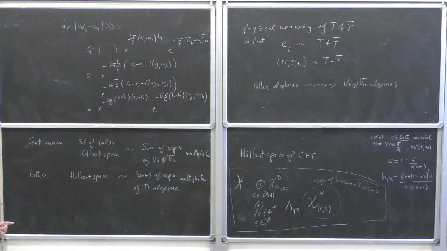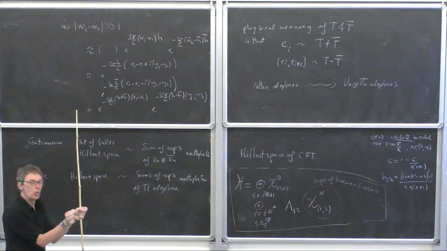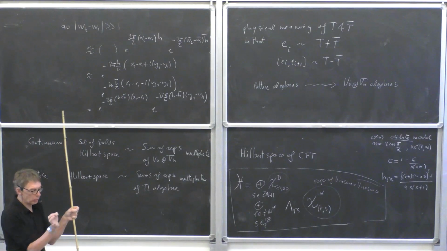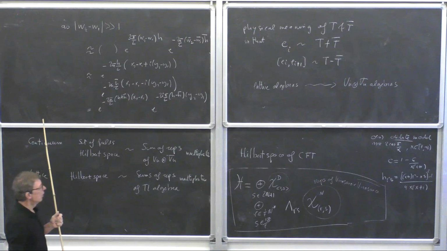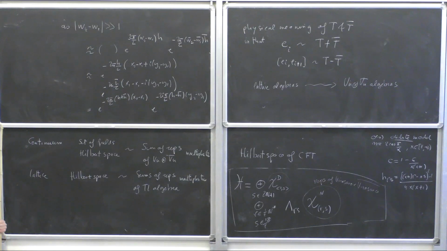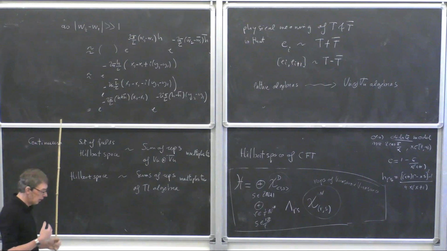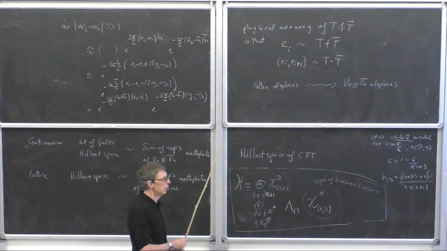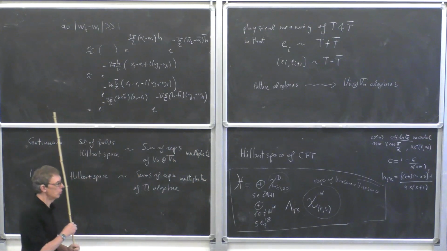So if you bring, for instance, two pieces of loop together and you ask yourself, how does this look at a large distance? In the OPE, this will look like an infinite sum of observables. This is a non-quasi-rational theory.